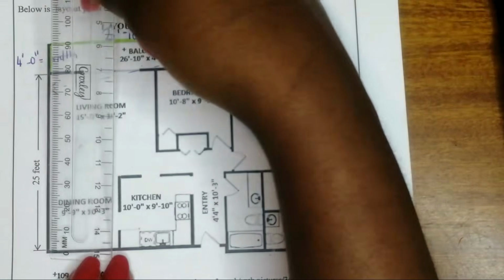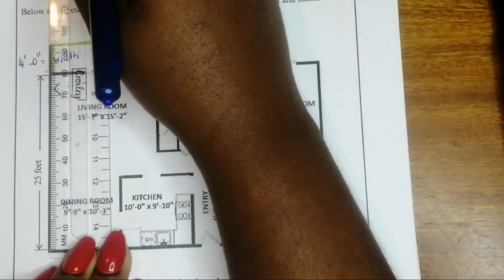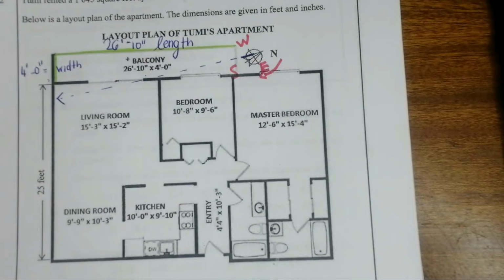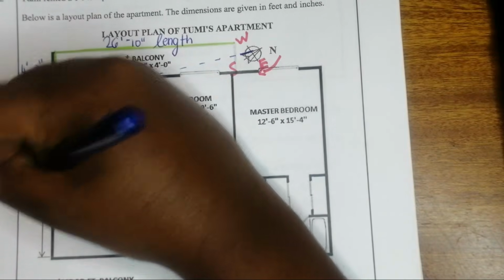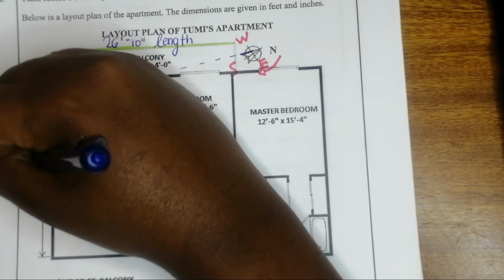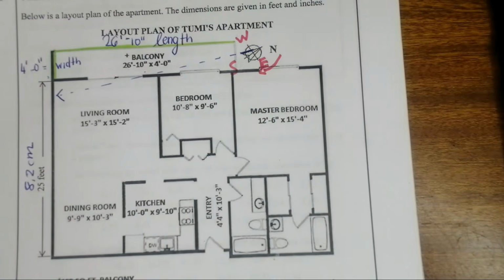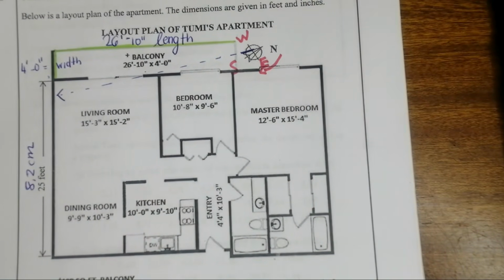But if you want to be accurate, you can use the millimeters one. It'll give you like 8.1, 8.2, depending on how accurate you are. So this wall measured in centimeters is 8.2 centimeters, or 82 millimeters, depending on what you want to use.